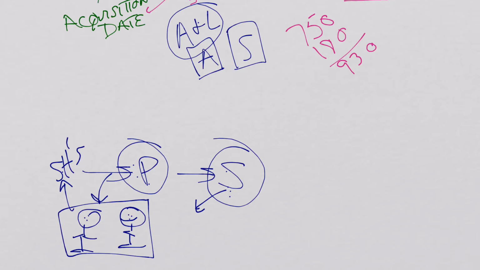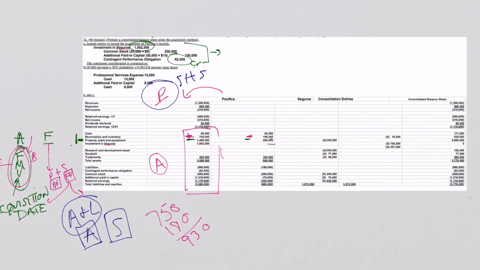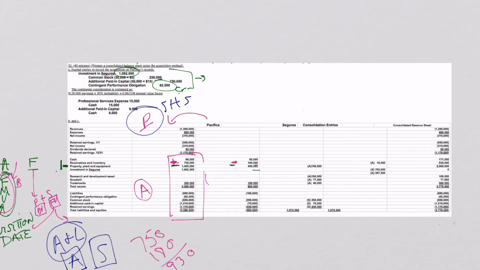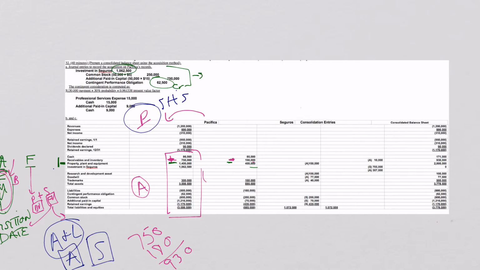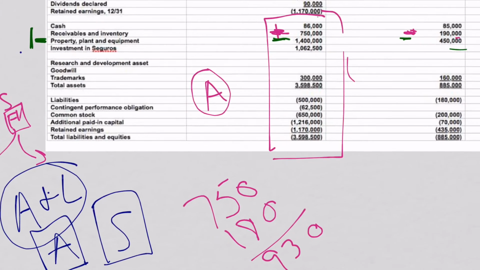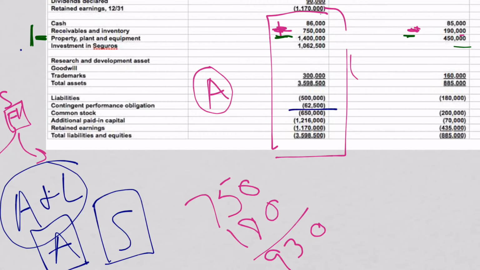So, going back here, since the parent owns the subsidiary, the only equity section that is of interest to the shareholders of P is the equity of P. The equity of P is down here: common stock, paid in capital, retained earnings.